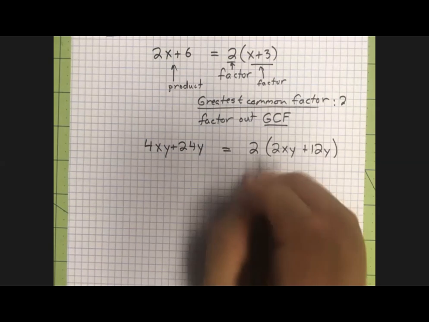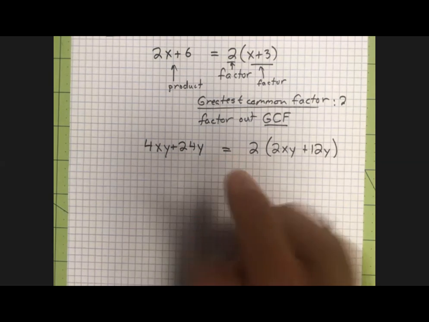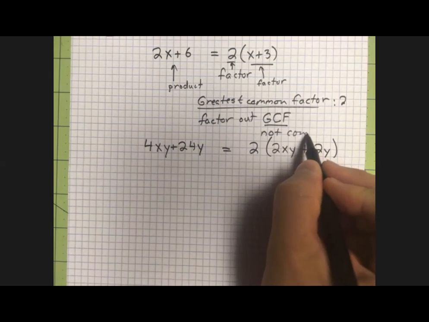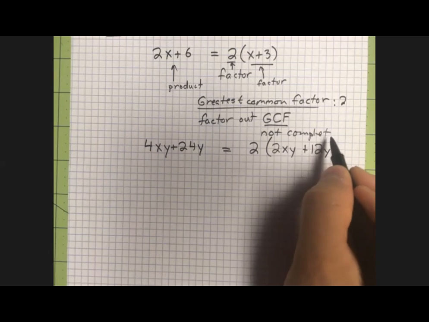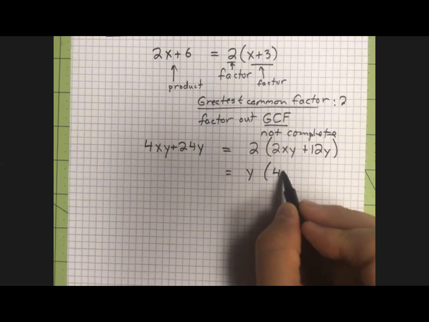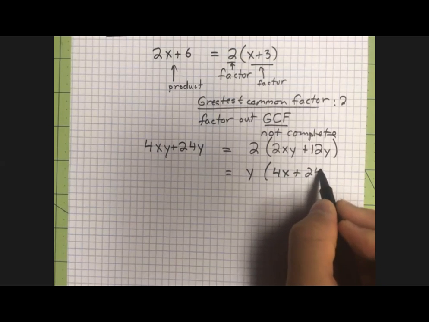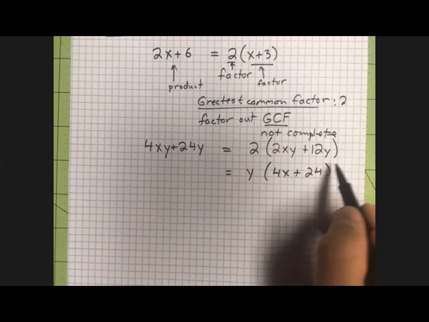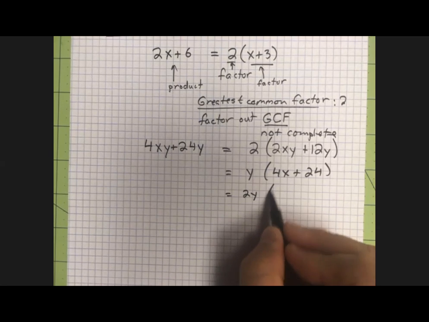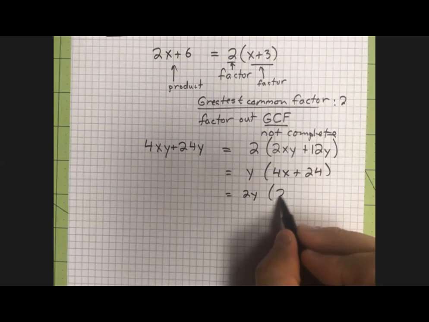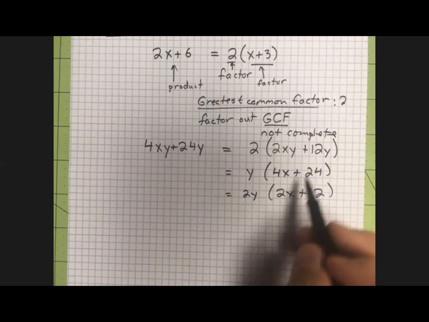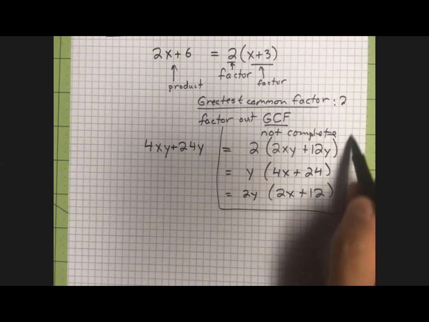Now this is true, but it's not complete. Likewise, I could pull out a y and be left with 4x plus 24. Again, true, but not complete. I could pull out a 2y. Now I'm getting silly. That leaves 2x plus 12. True, but not complete.